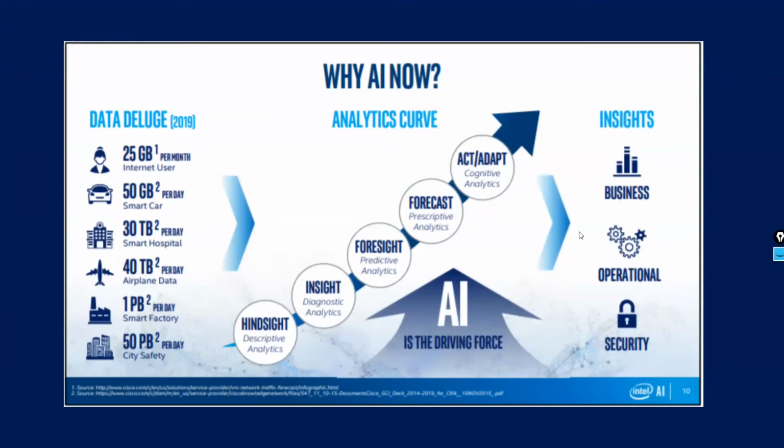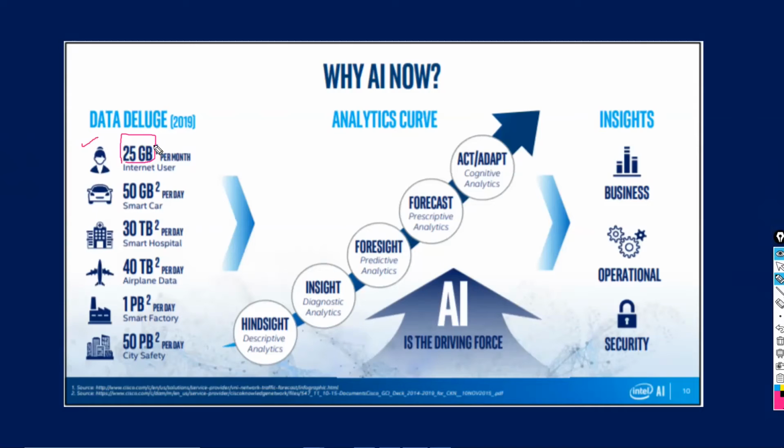So if you see the analytics curve and the AI curve, earlier, in the early days, the collection of data was not so much. If you see the collection of data we do today, around 25 gigabytes of data is generated by a single internet user per month.